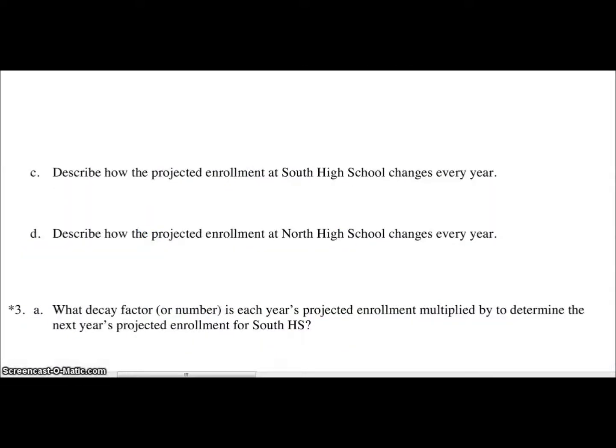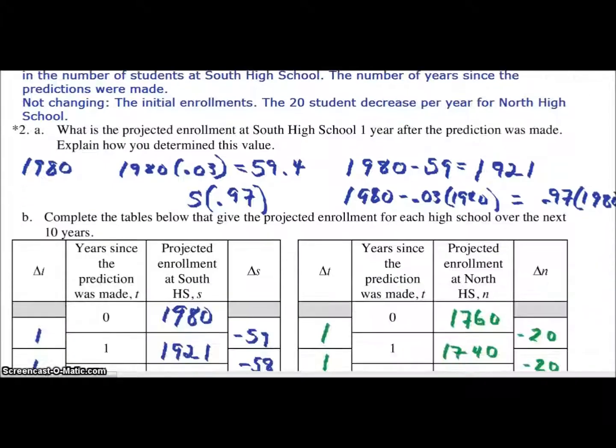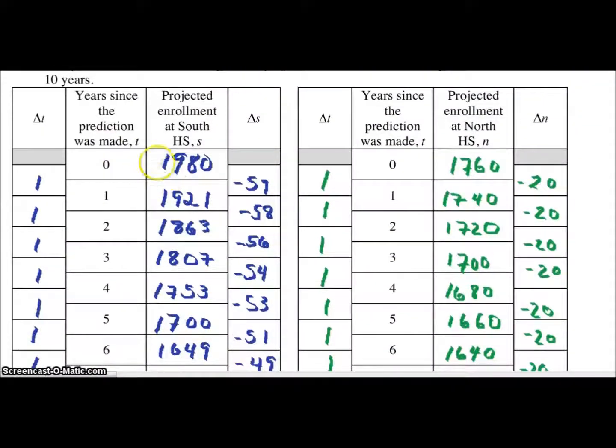Part C says, describe how the projected enrollment at South High School changes each year. So here we see that our projected enrollment is decreasing, and here we have each of the changes. Negative 59, negative 58, negative 56, negative 54. This is actually an increasing change.